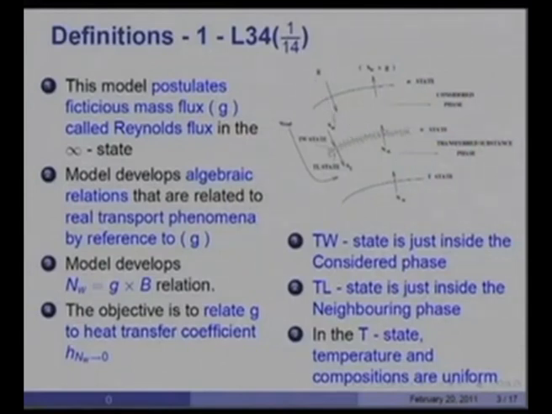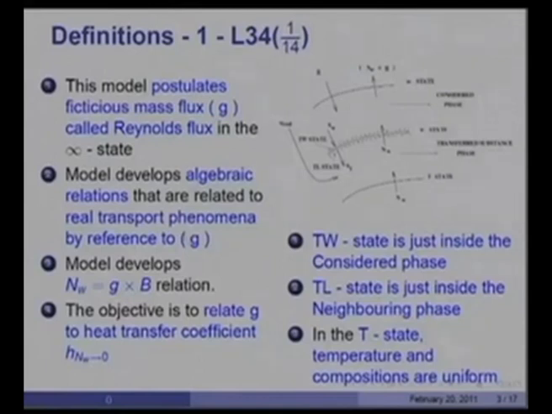And in doing so, as it flows from the infinity state towards the interface or the W state, it carries with it the properties of the infinity state. So, that is the first postulate of the model, and the model develops algebraic relations that are related to the real transport phenomena by reference to this flux G.